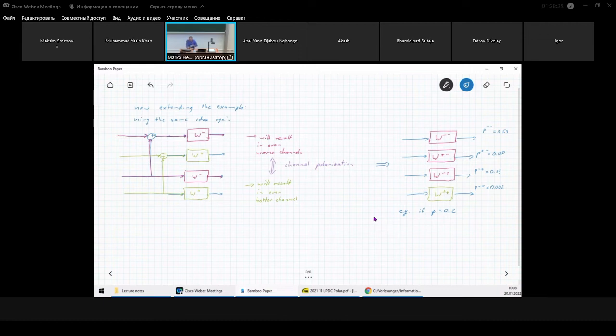Okay, so here's the question. What about this W plus minus? Yes, this is basically one of the two channels resulting from the combination of W minus and W minus. Let's see, it's more clear.